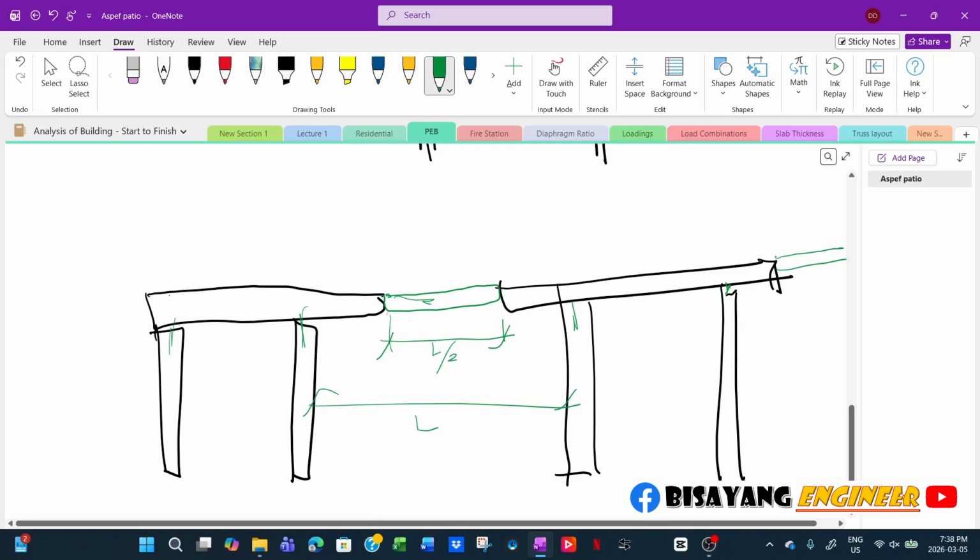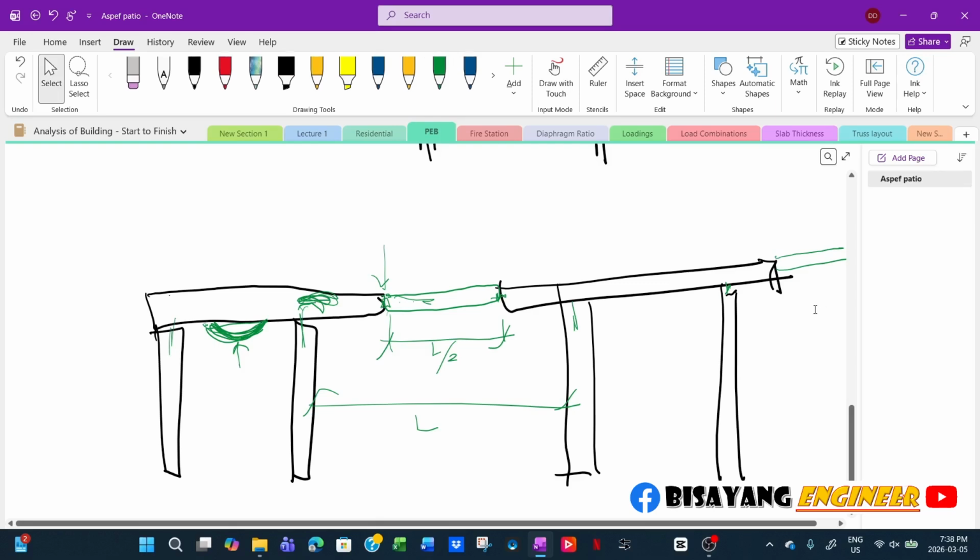It's not exactly L over two, but close to that. Then they will just do a shear connection here. The reaction from here will create a bending here, and it will be countered by the positive bending. If possible, the bending here would be equal to the bending at the support so that it would be economical. So this is how they usually frame.